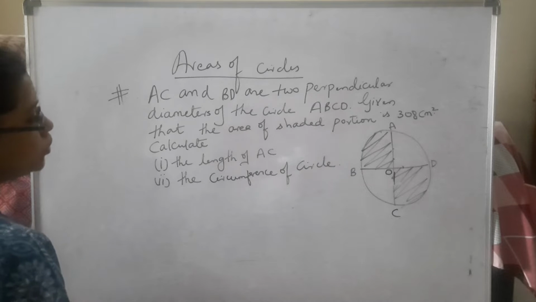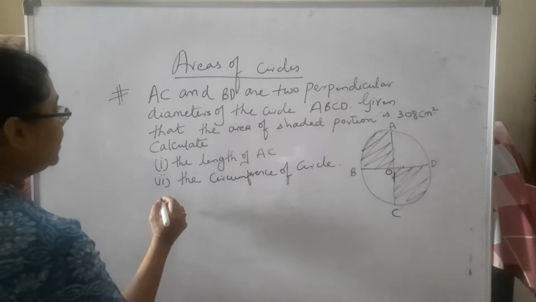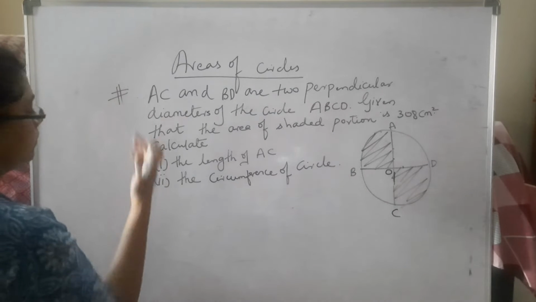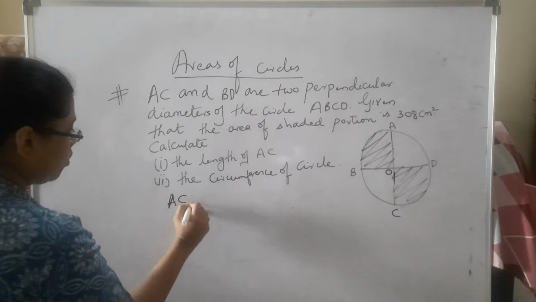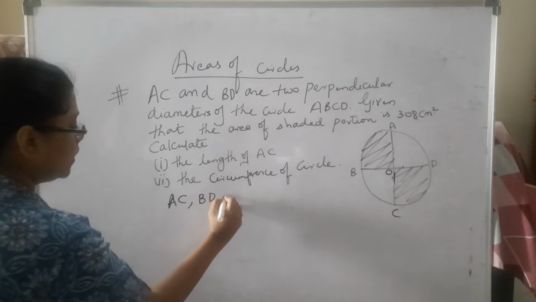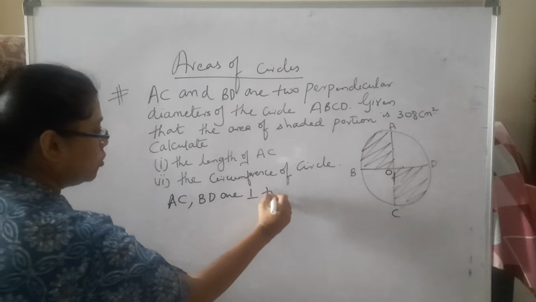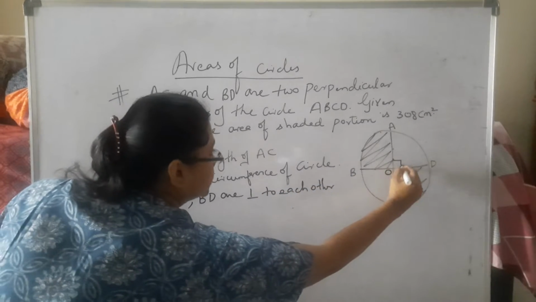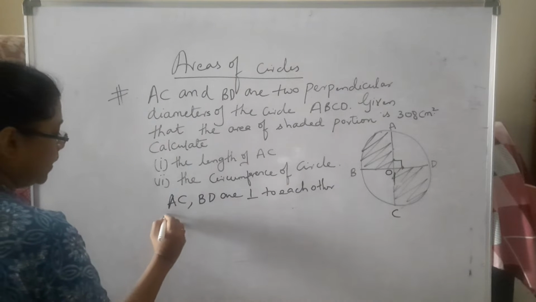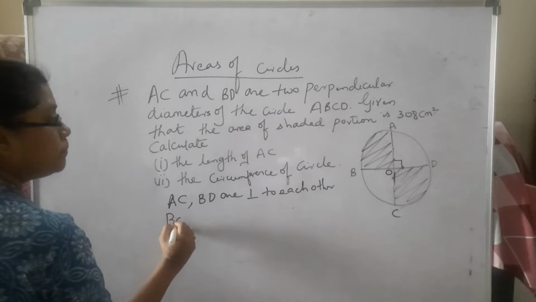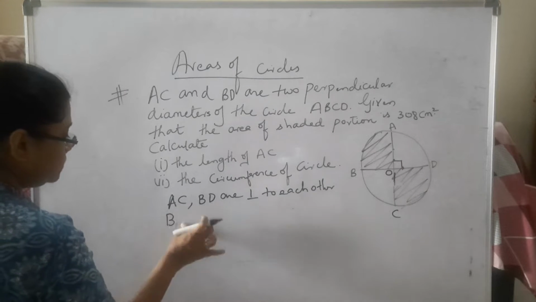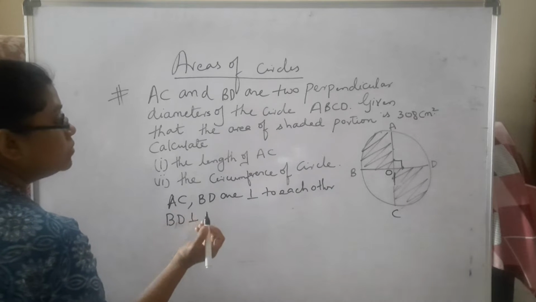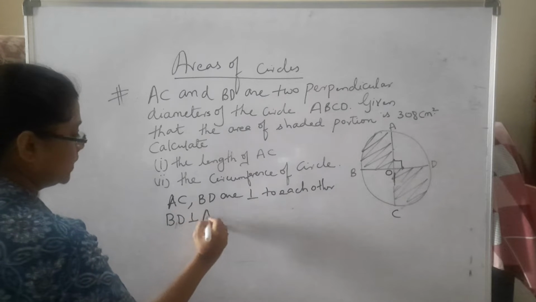It's very simple to do. You just need to understand the question and go ahead with it. Let us write the data which is given first. AC and BD are perpendicular to each other, isn't it? So it's 90 degrees here. BD is perpendicular to AC.